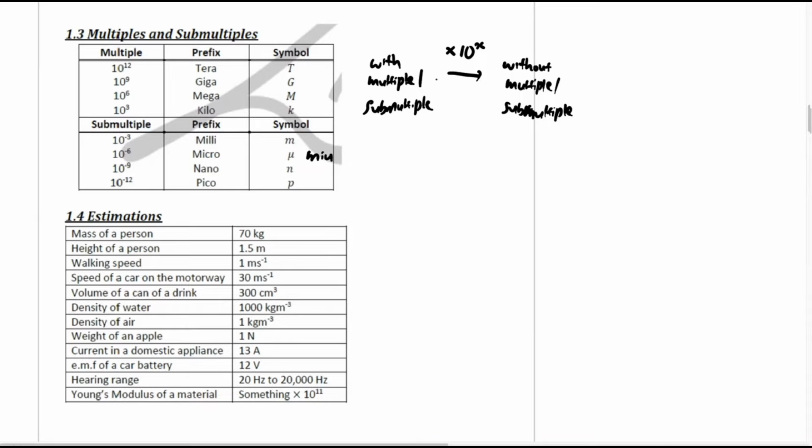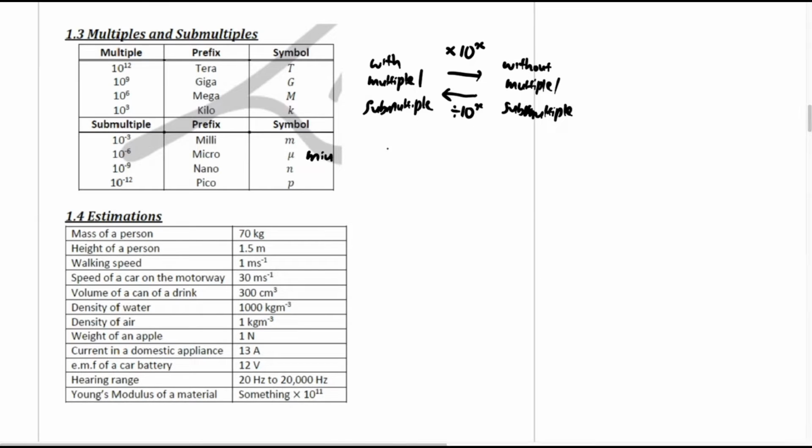If you have no multiple or submultiple and you want to change it to a quantity with multiple or submultiple, then we have to do backwards, with divide by 10 to the power of something.